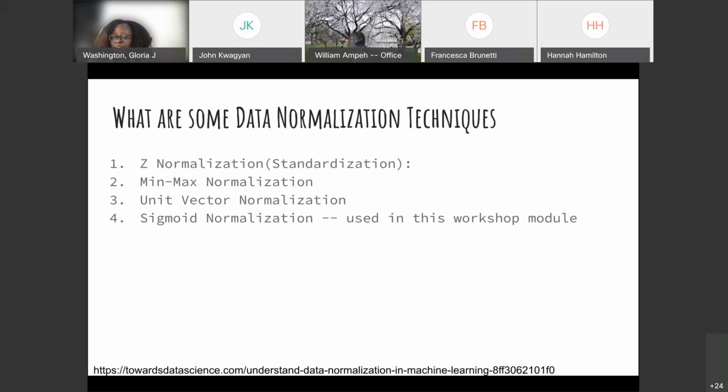There's the min-max, where you put everything using the min and max of each individual variable. And then there is unit vector normalization. I won't go into all of these. However, I have provided a link at the bottom so you can find more information about each individual technique. But the technique that we utilized yesterday was sigmoid normalization, which turns everything to between 0 and 1.